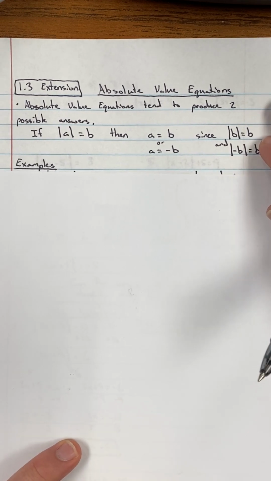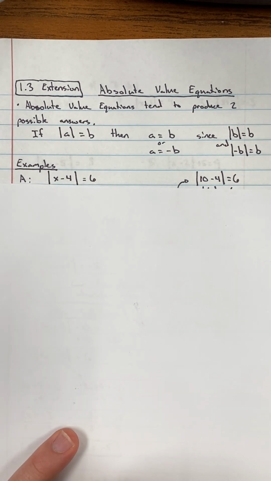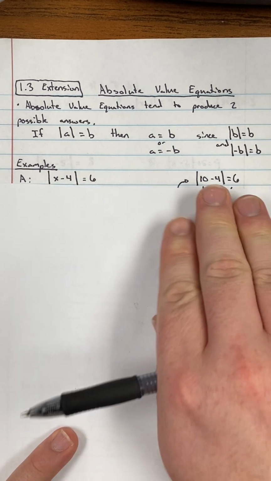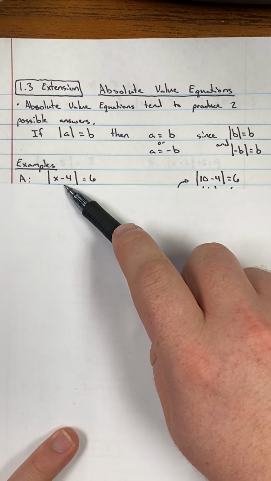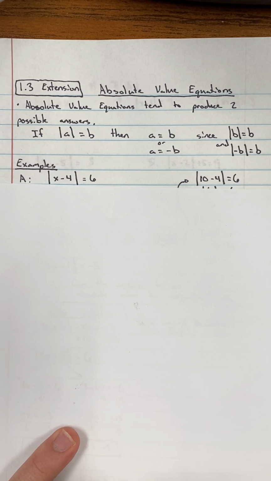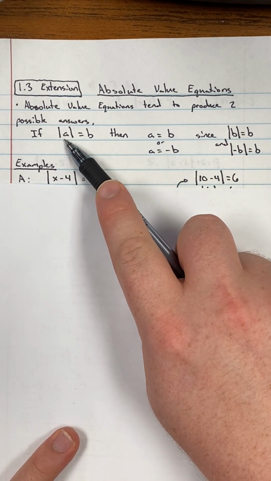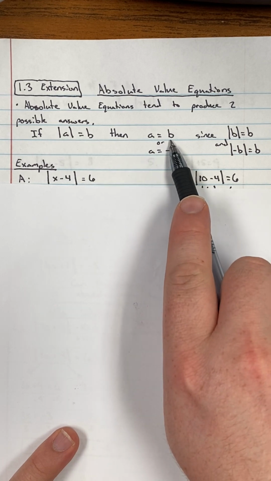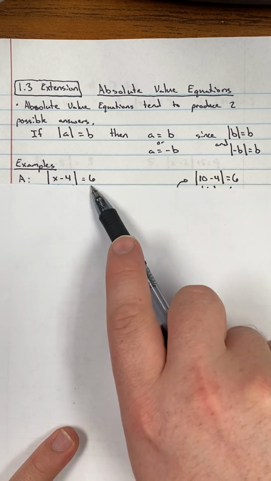So here's some examples. Let's take an example where we have, ignore this over here. This is part of checking your problem. So let's take the absolute value of x minus 4 is equal to 6. Okay, so we have to use this logic where everything on the inside of the absolute value is either going to be equal to my positive answer or my negative answer.